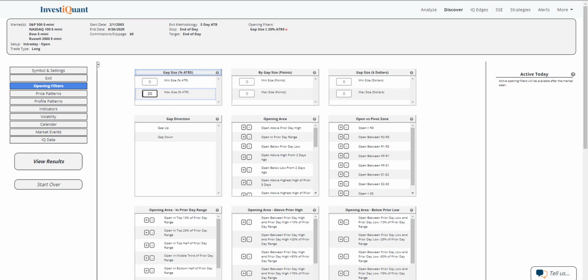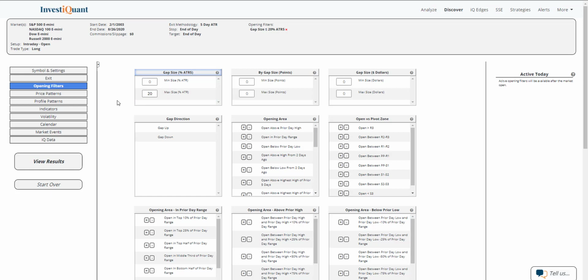It's fully customizable, so I'm just going to go with 20%. When we get closer to the open, you may want to take a dig at this yourself and make it up gaps that are 15% or down gaps that are 20%, however you want to look at it. But since I don't know, I'm going to include both gap directions and use 20% to capture all of the samples here.